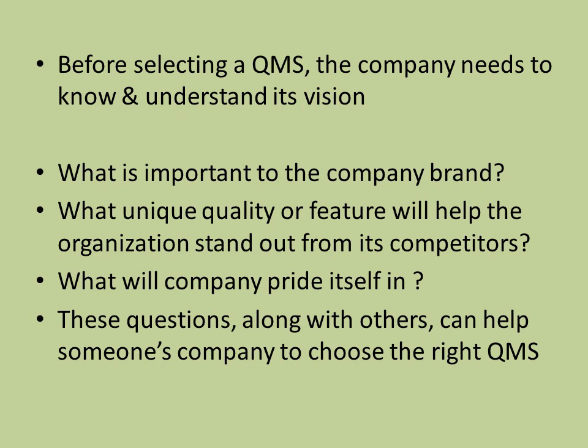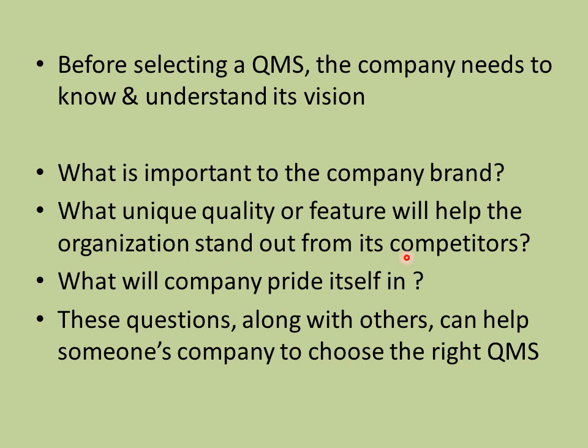And how can this vision be understood? It can be understood by following these questions. For example, what is important to the company brand? So which factor is important? Then what unique quality or feature will help the organization stand out from its competitors?